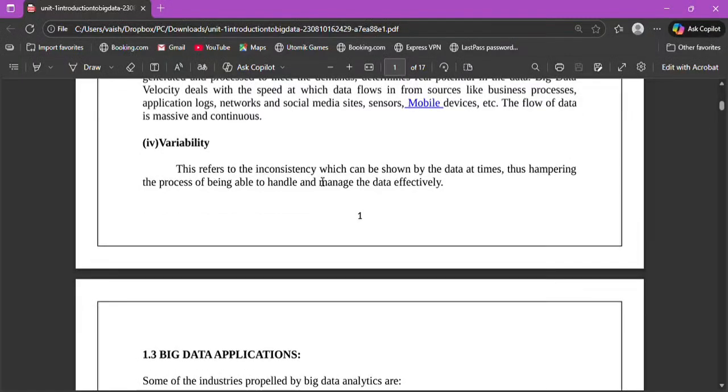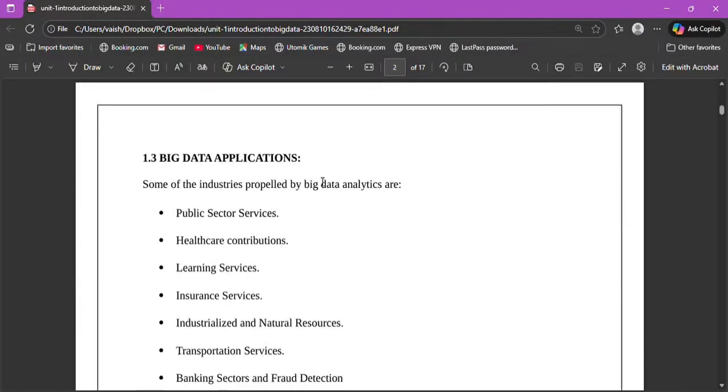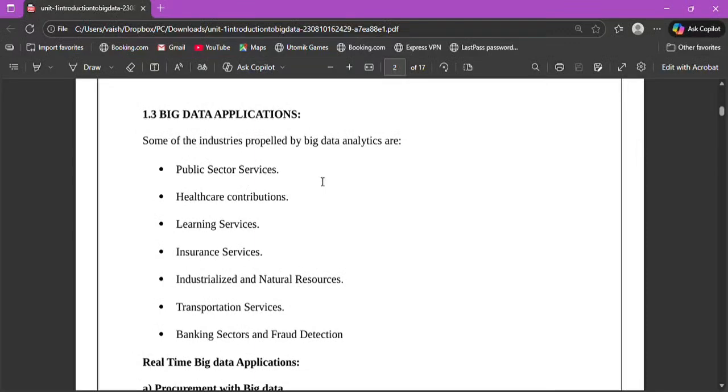Now, what are the applications of big data? Some of the industries propelled by big data analytics are: public sector services, healthcare, learning services, insurance services, industrial and natural resources.